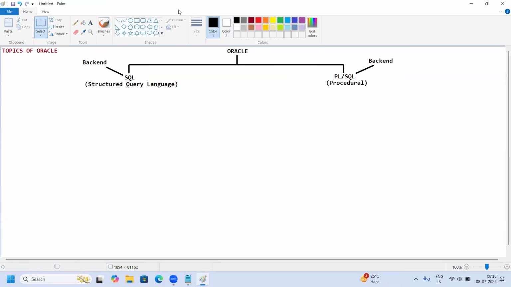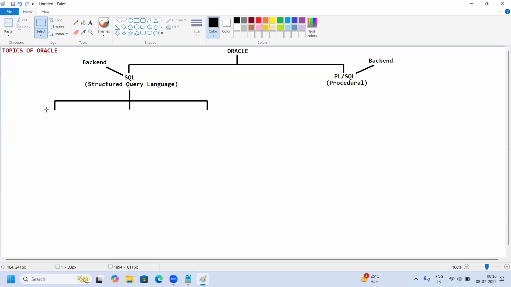Now remember, under SQL, Oracle Corporation has made available three modules. Three. And we are going to study all three in a step-by-step process. This is the first part, this is the second part, and this is the third part.